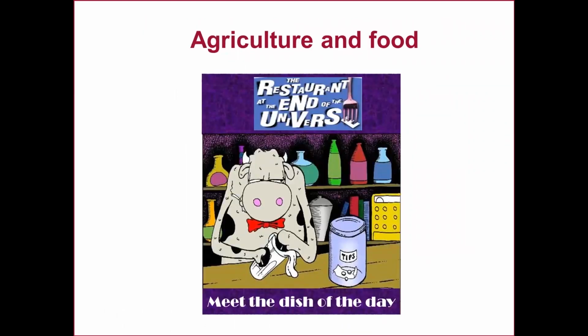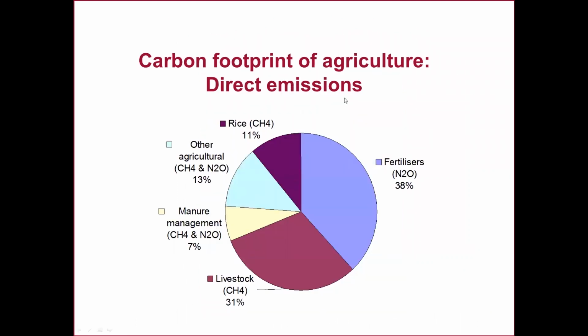Now we'll talk a little bit about the agriculture and food sector. In terms of the agriculture sector, for direct emission, the majority of emissions come from fertilizer in the form of nitrous oxide, followed by methane emission from cows and sheep, and then some also from their manure.